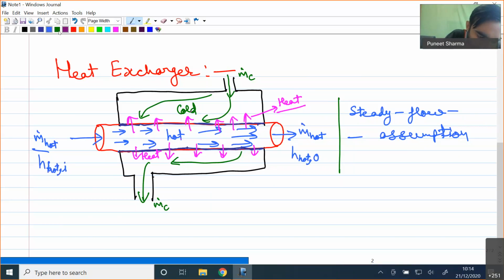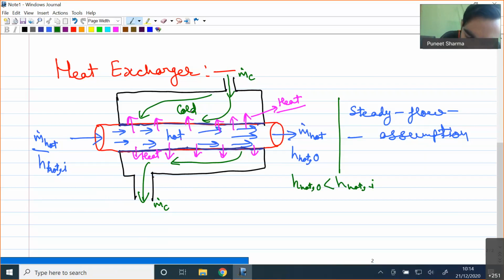Obviously, this hot medium will be losing a certain amount of heat, so H hot O will be less in comparison to H hot I. The enthalpy at the inlet of the hot medium will be more, because it is losing heat, so its enthalpy will decrease.